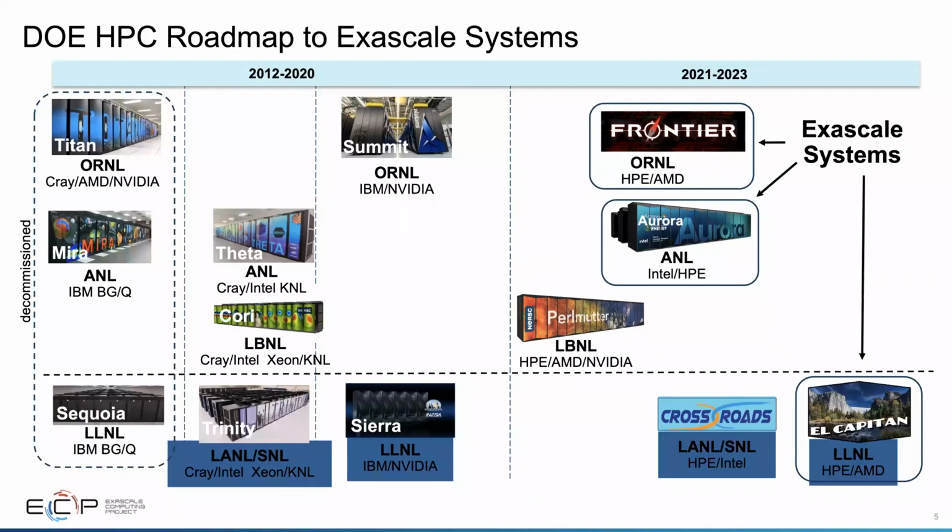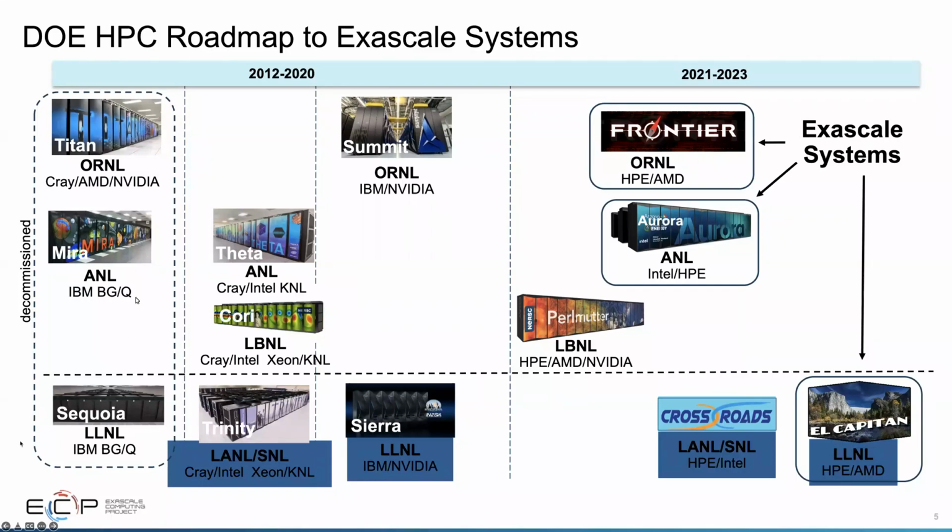This is our roadmap to exascale systems. We'll soon have exascale computing systems in the US, and starting from this 2012 to 2020 time, we had systems at Oak Ridge National Labs, Argonne, Lawrence Livermore National Labs, and Lawrence Berkeley National Labs.